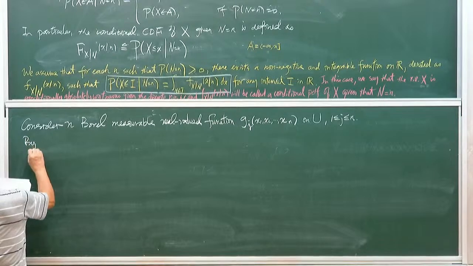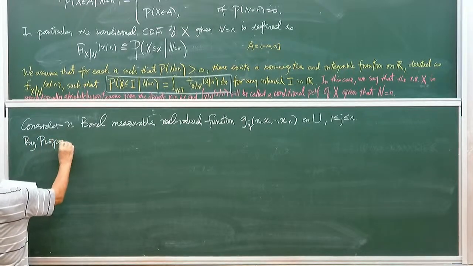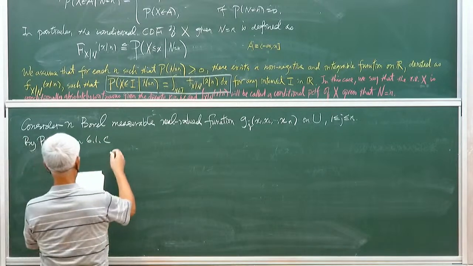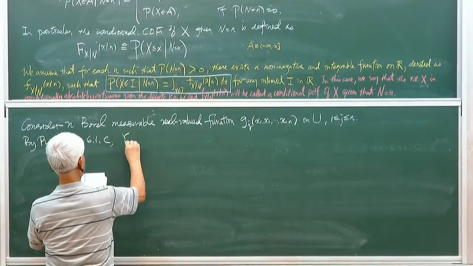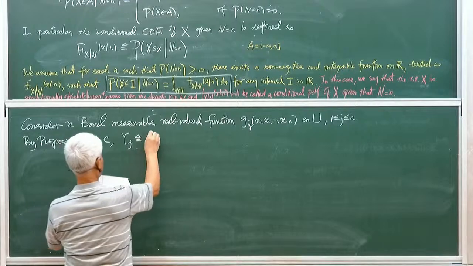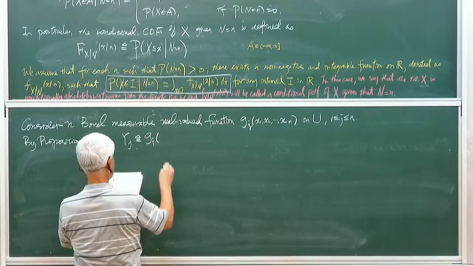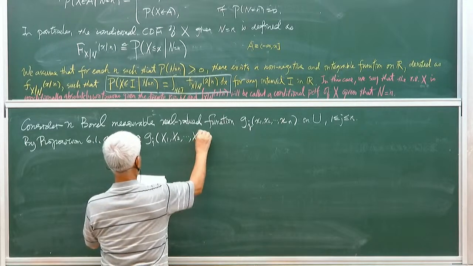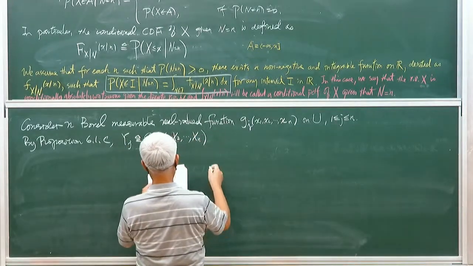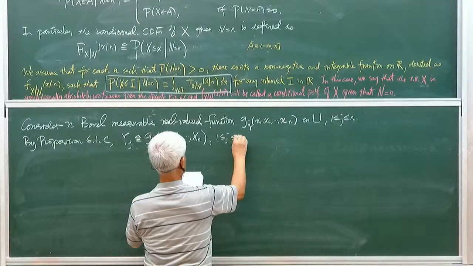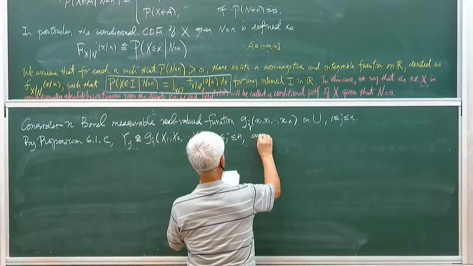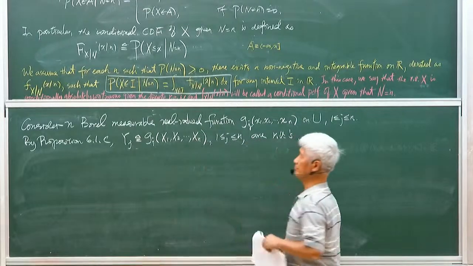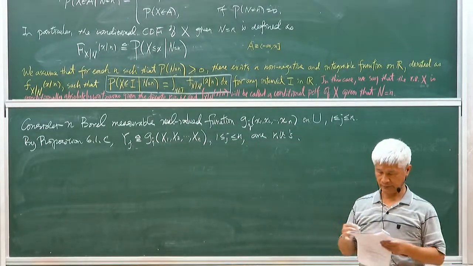Now, by proposition 6.1.c, if we define Y_j as the data processed result, we know they are random variables too.